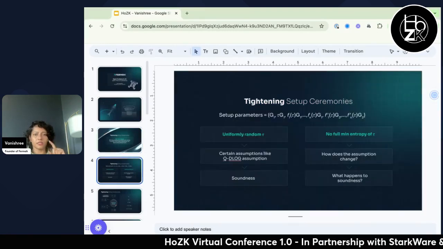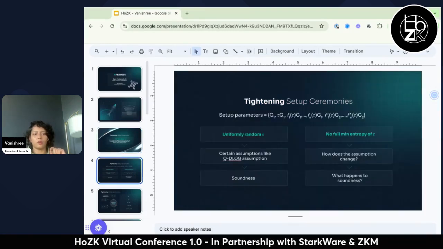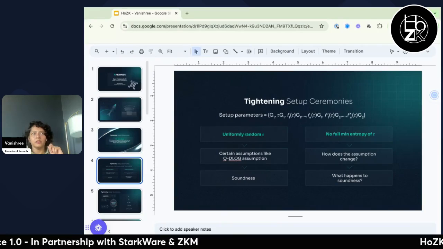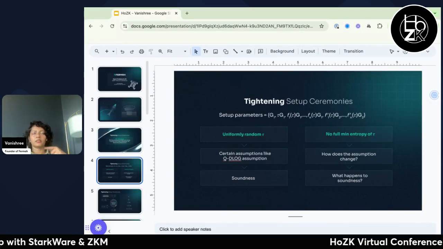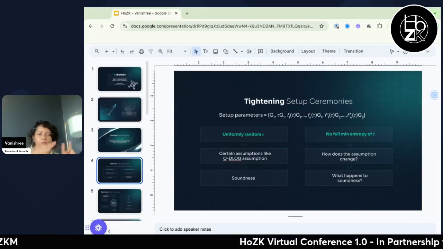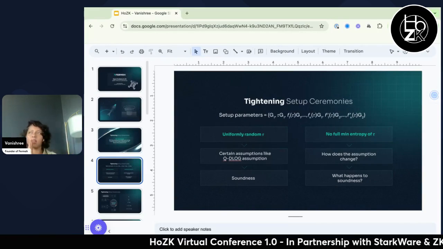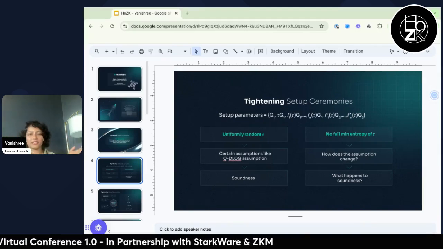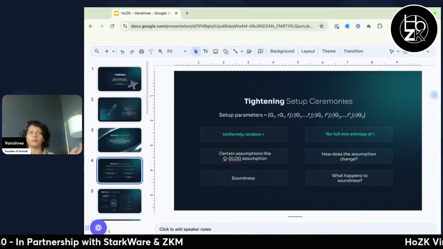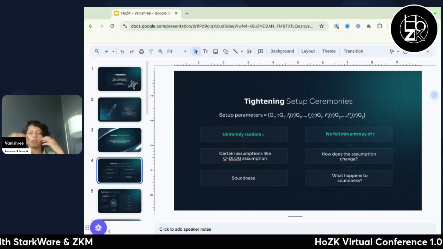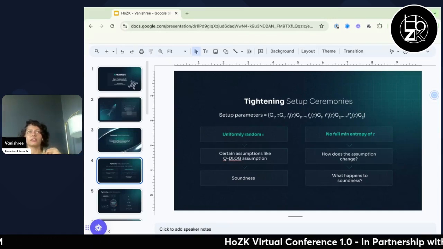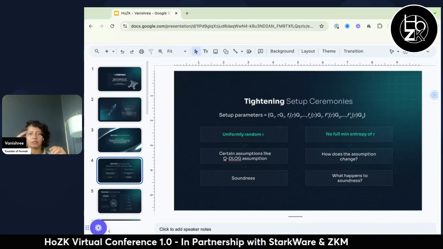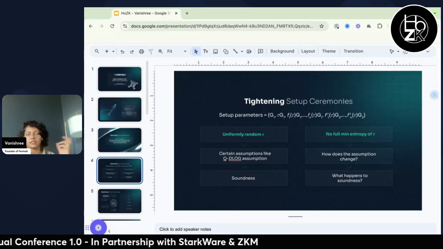The first question I have is the following. Let me give you a little bit of prelude before I state the question. How do we do trusted setups? How do we get trusted setup parameters these days? We do a ceremony, right? Many people pool in their contributions to the random secret, the tau, in the trusted setup.